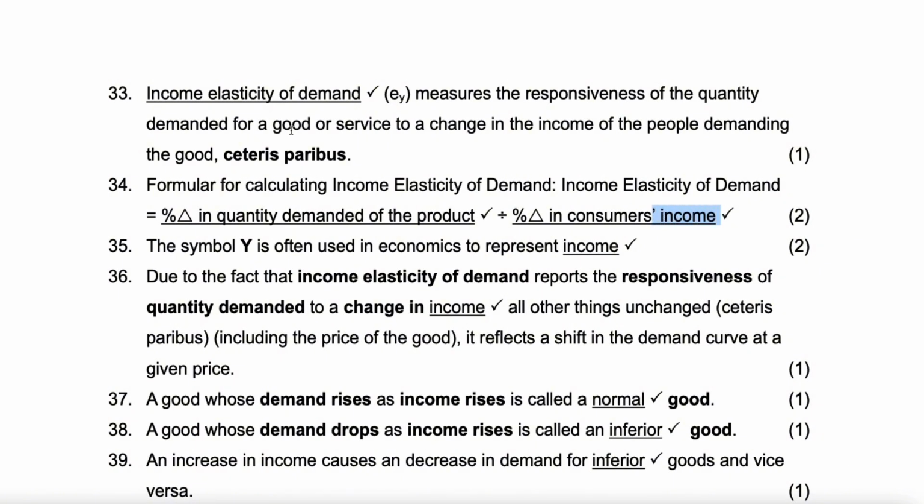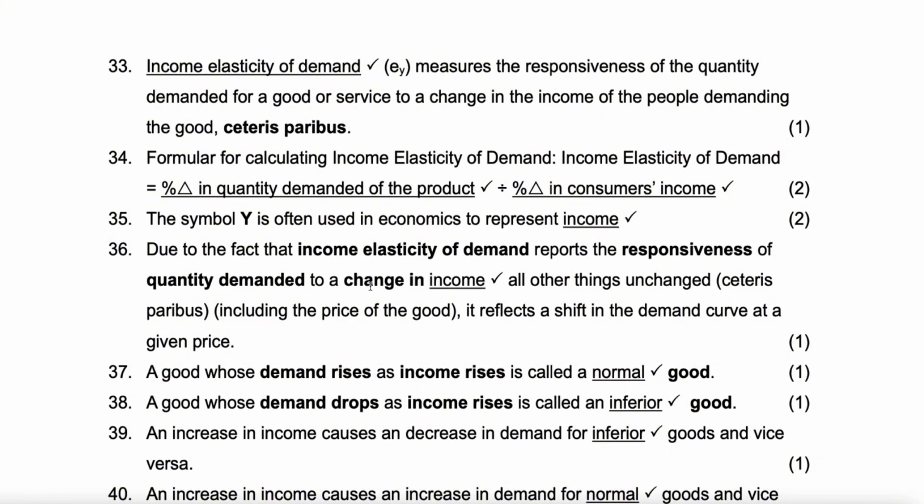Okay, so then we call it income elasticity of demand, because if we change this and say percentage change in quantity demanded divided by percentage change in price, then it's now price elasticity of demand. If we change this demand and put supply and put price here, then it's now price elasticity of supply. So take note of the small differences.